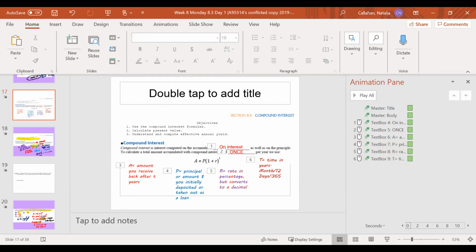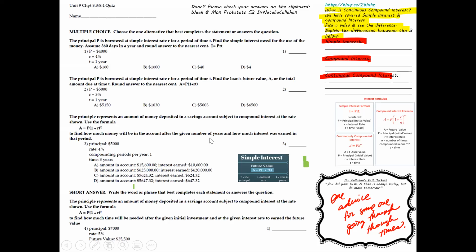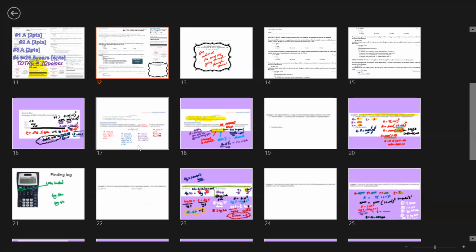All right, so let's go ahead and take a look at an example maybe. So looking at example number 1, what you have here is, it says you deposited $2,000 in a savings account, which is a rate of 6%.